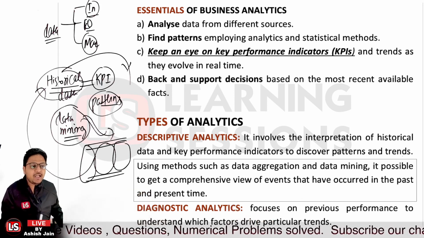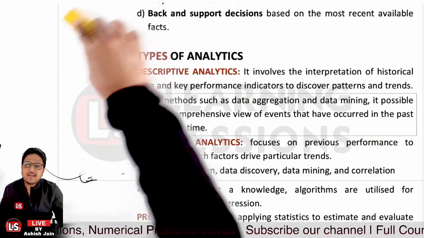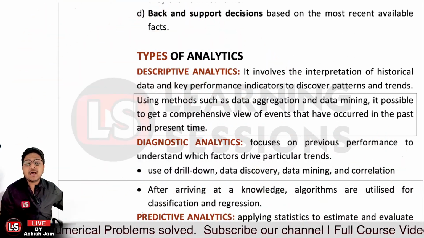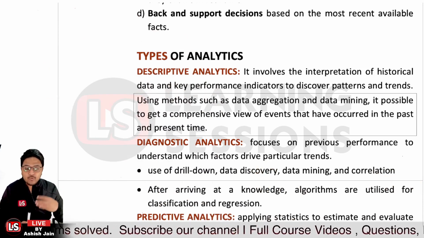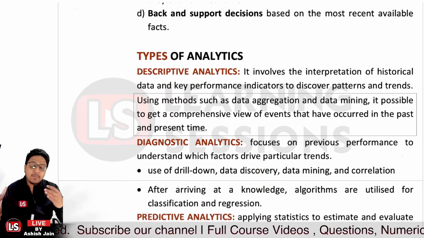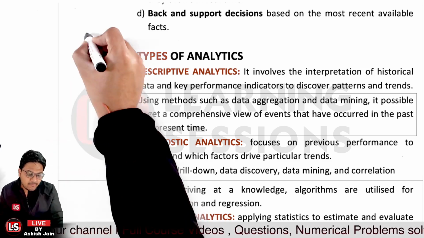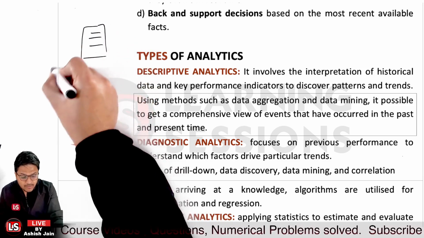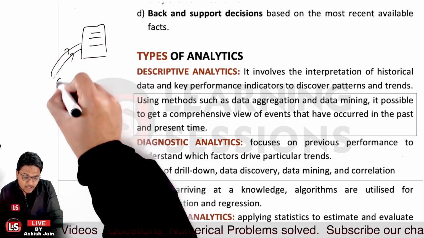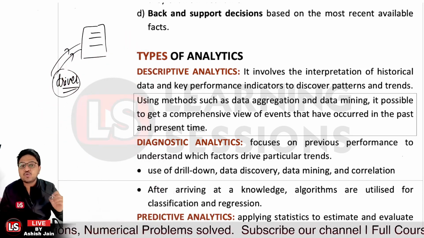The other one is diagnostic analytics. When we talk about diagnostic analysis, we are concerned with previous performance, so that we can understand what basic things led to a particular event. Let's say we have some historical data and we already know that this particular thing happened. Now we are looking for the drivers, what particularly forced these events to happen.